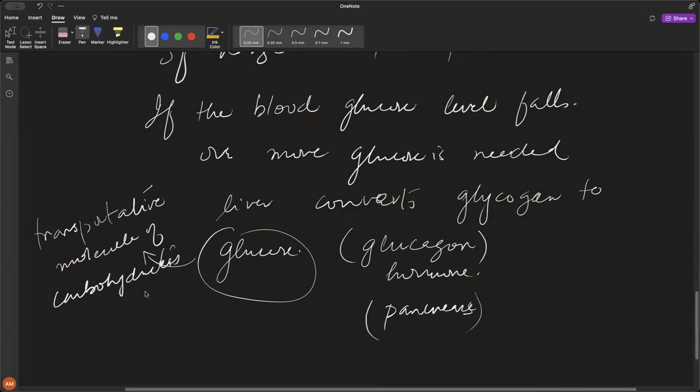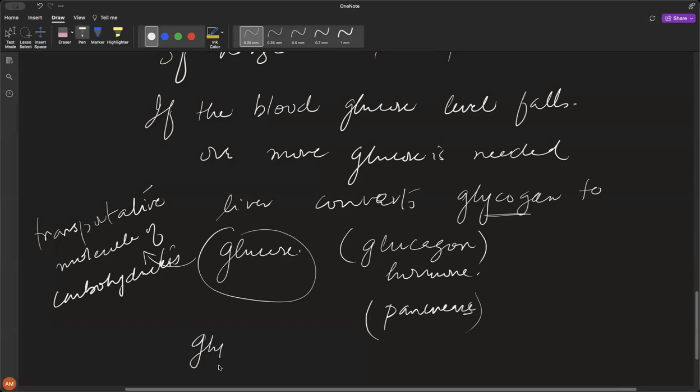We'll see that sucrose is the transportative carbohydrate in plants, but the transportative carbohydrate in the human body or a mammal is glucose. When carbohydrates need to be transported around the body, they are converted into glucose so that they can be transported around. You understand? And glycogen is the storage molecule.